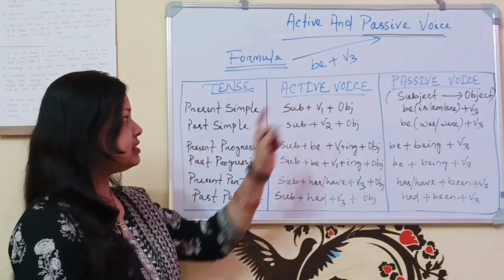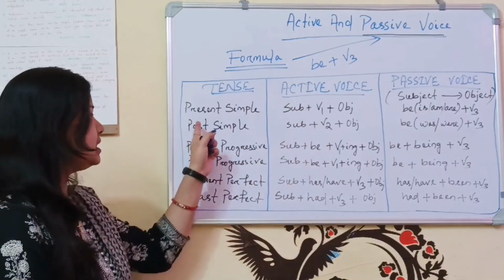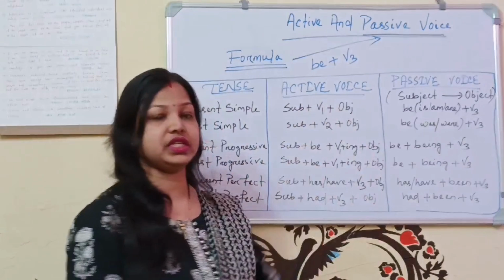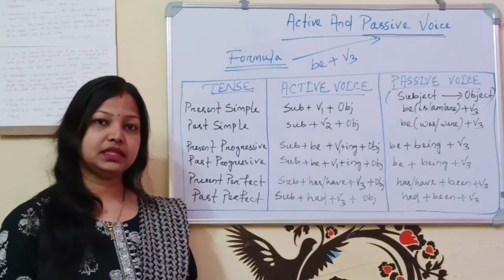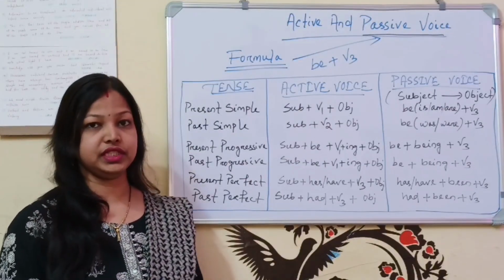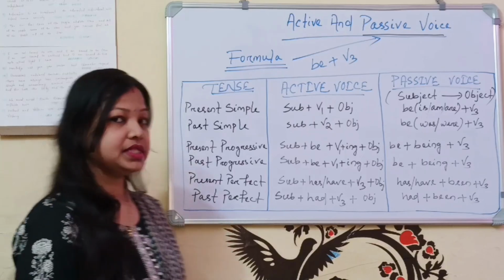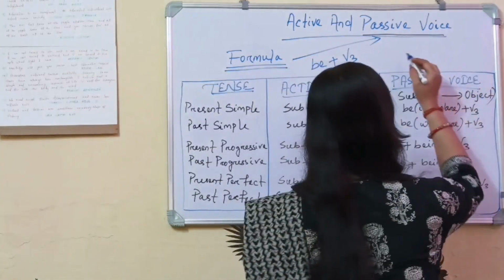For active voice, first see here in simple present it is written subject plus verb 1 plus object. So what is subject and object? I had already told about this in my previous video.